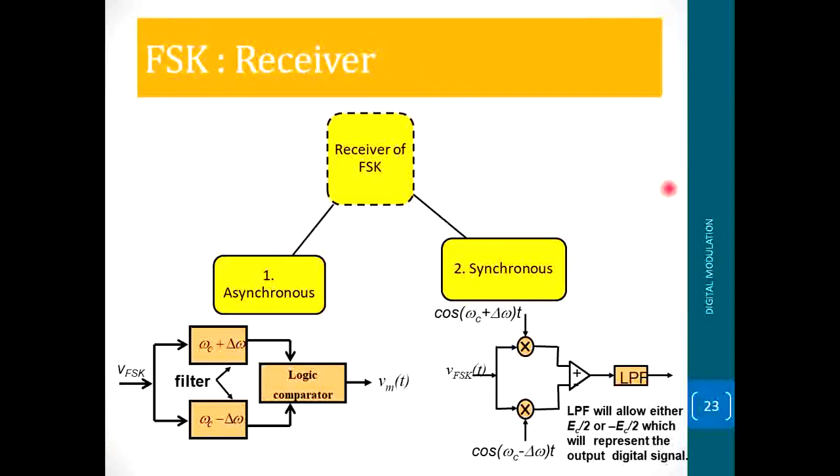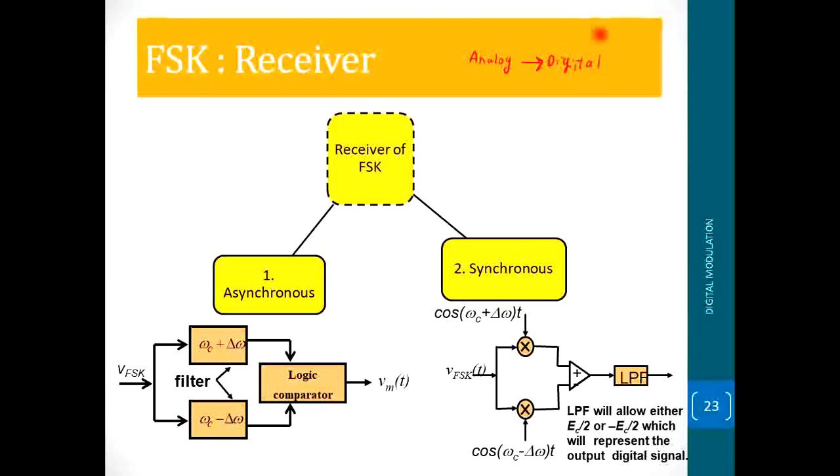Okay, for the receiver of the FSK, previously we covered how to generate from digital to analog, but the receiver is demodulation, the same as demodulation, that is from analog to digital again.